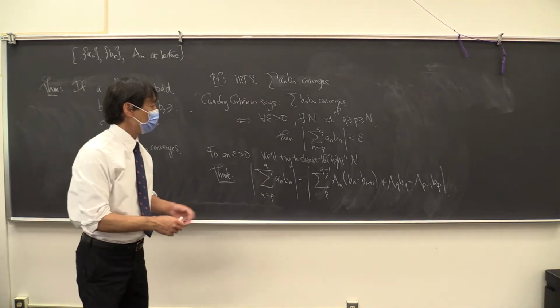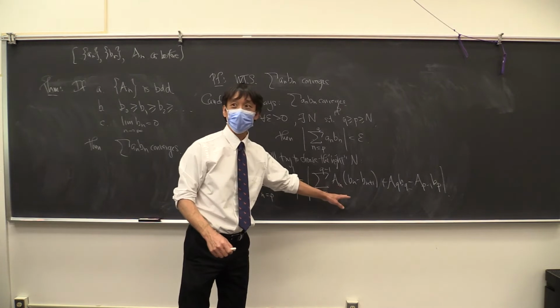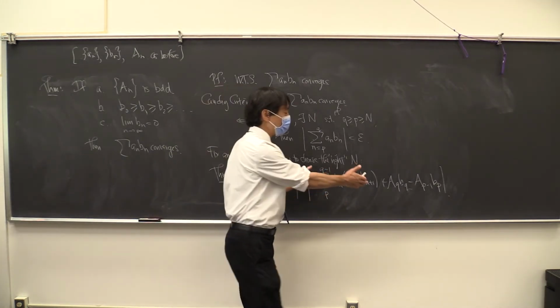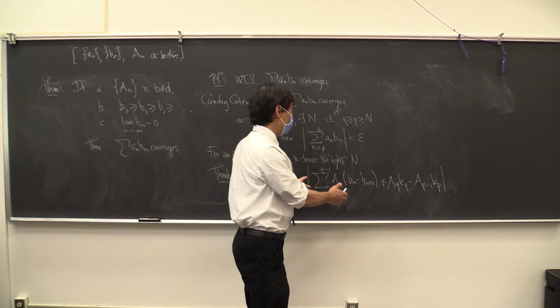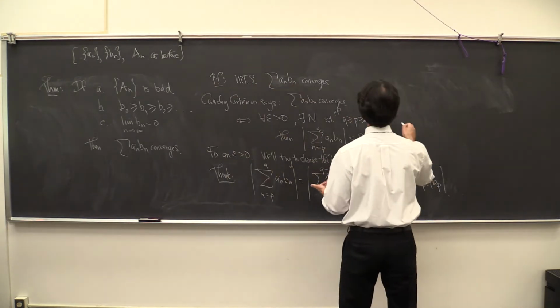So, as an analyst, one of your first moves is to use the triangle inequality. We're trying to get control over the size of this thing, the absolute value of the sum, so we're going to try to control it using the triangle inequality.